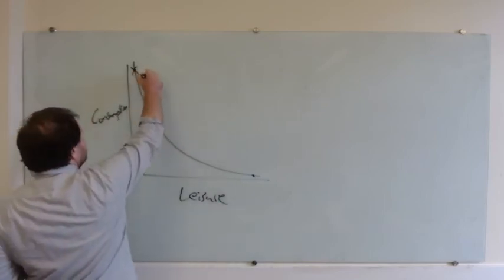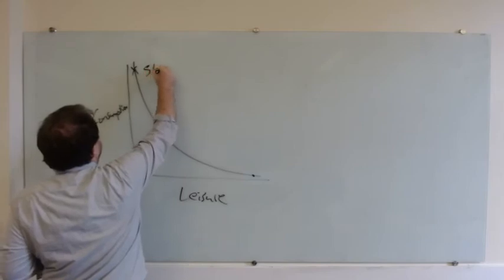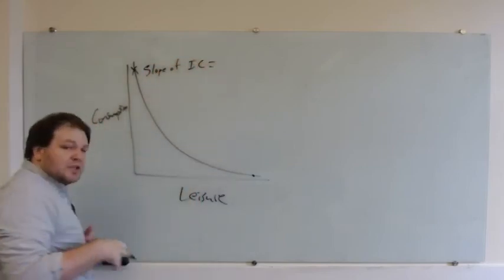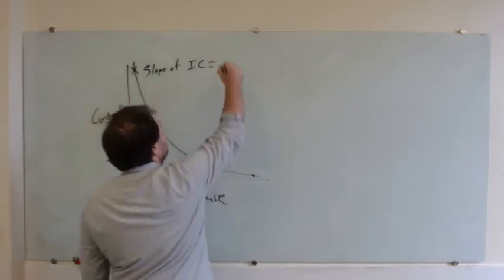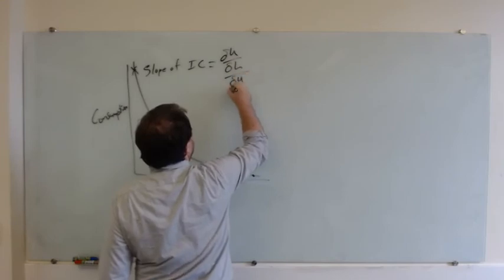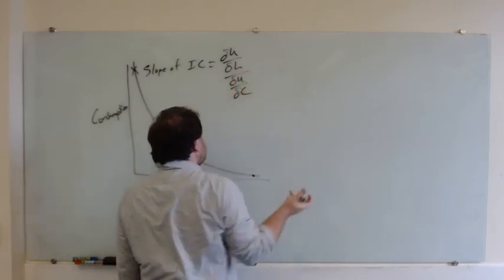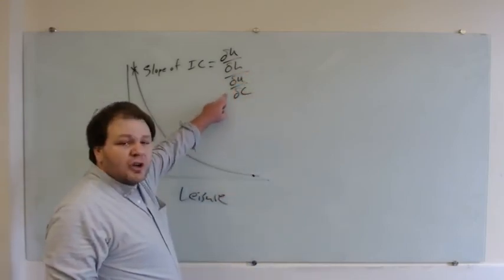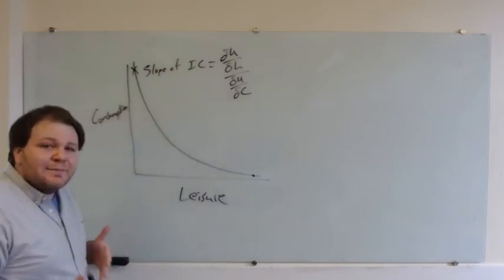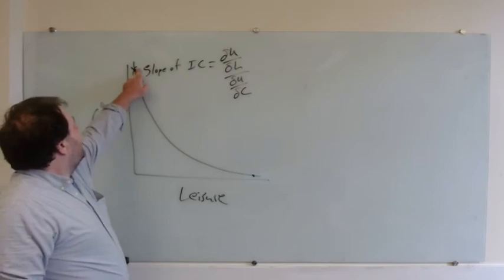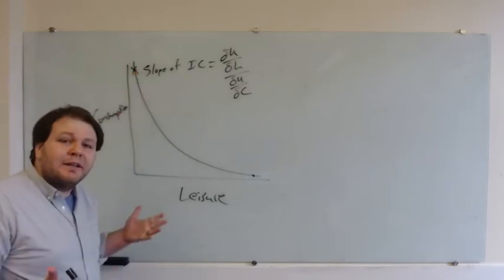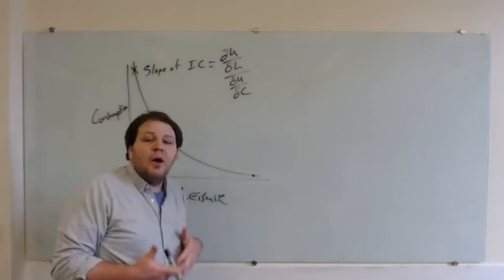So the slope of our indifference curve, which is our marginal rate of substitution, is going to be du/dl over du/dc, as always: the marginal utility of leisure over the marginal utility of consumption. And what we expect is, much like other goods, this is going to be really, really high when we have very little leisure and lots of consumption, and really low in the opposite case.